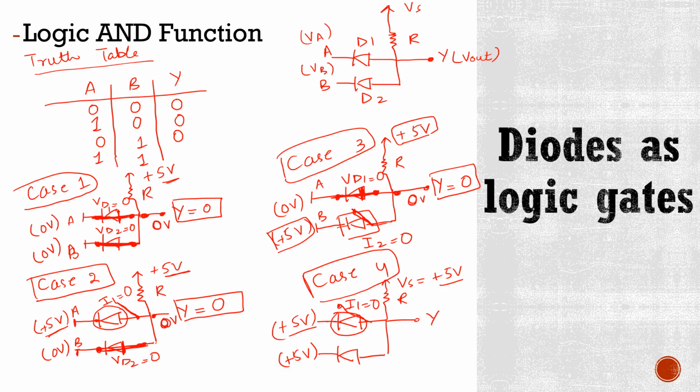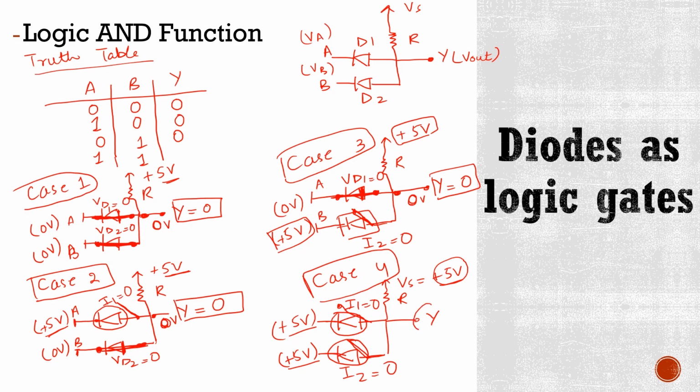Again look at this terminal. Here the value is 5 volts, which is equal to this source voltage. Here again there is no potential difference. It means there is no current, that is I2 is 0, and again this diode is reverse biased, so this is open circuit now. Now we know that when the diode is reverse biased, all the voltage is given to the node.